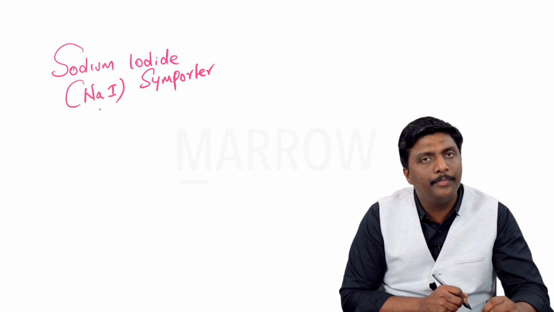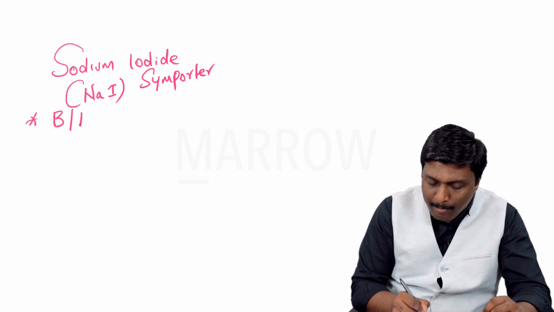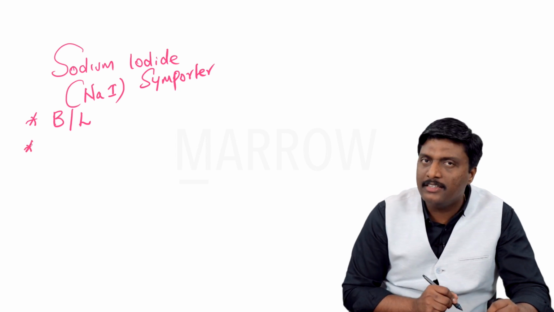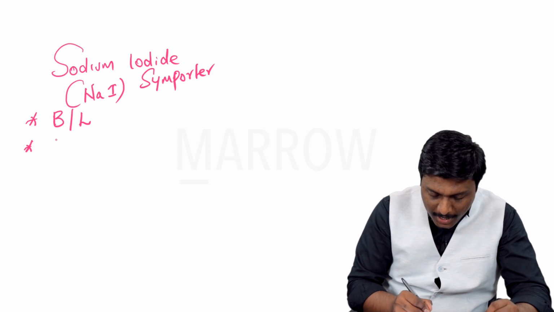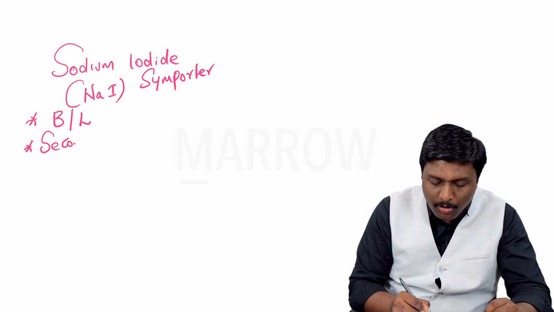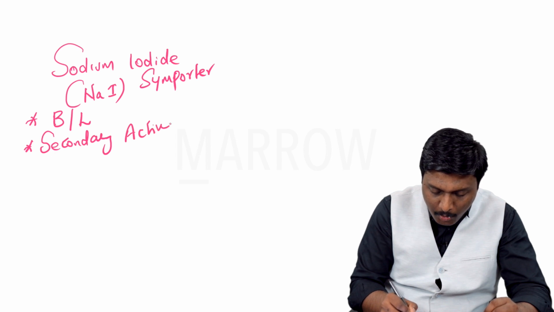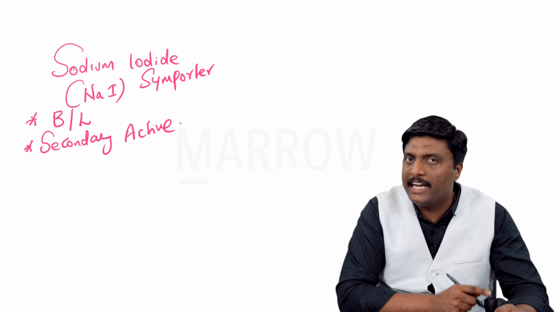First MCQ, where will you see this? It is present only on the basolateral side. What type of transport process is this? Iodide transport requires sodium. That is why we call this important transport process, never forget, a secondary active transport process. It requires energy, that's why it is active.